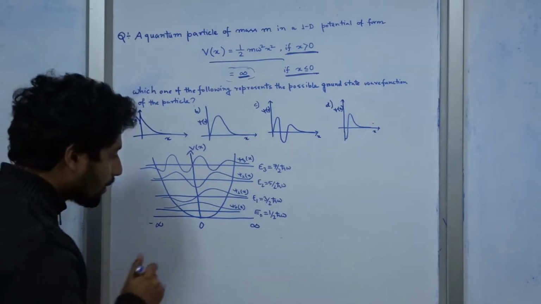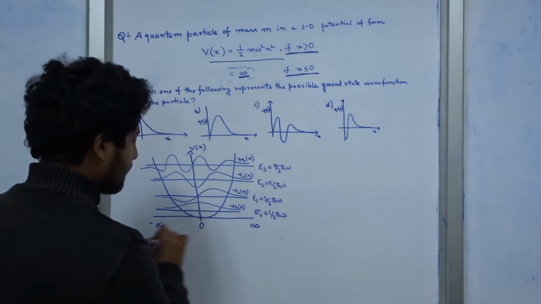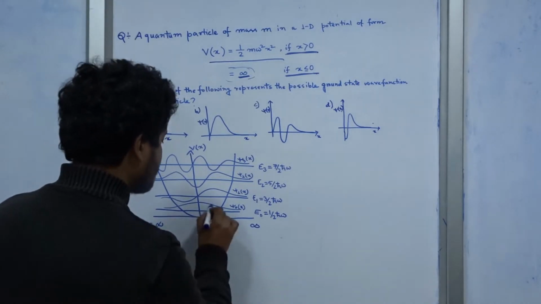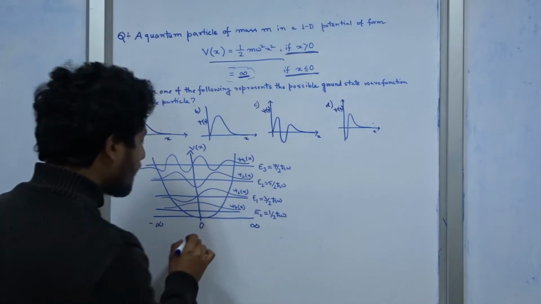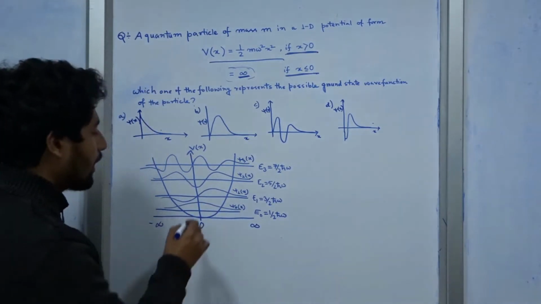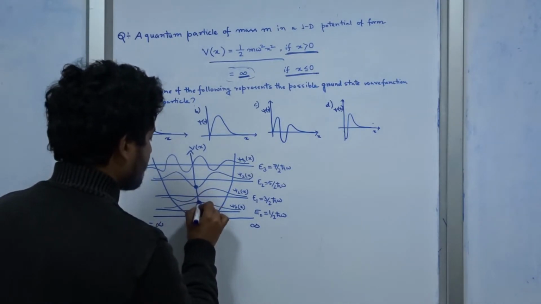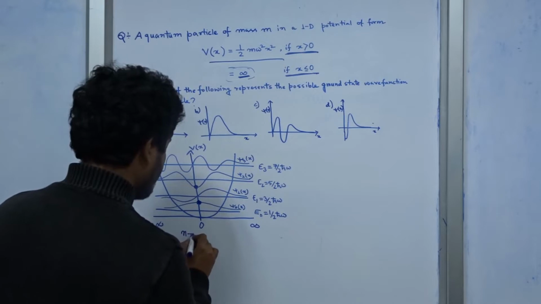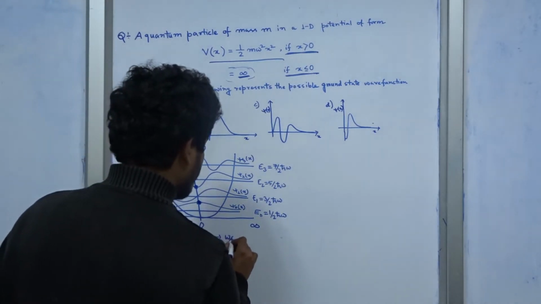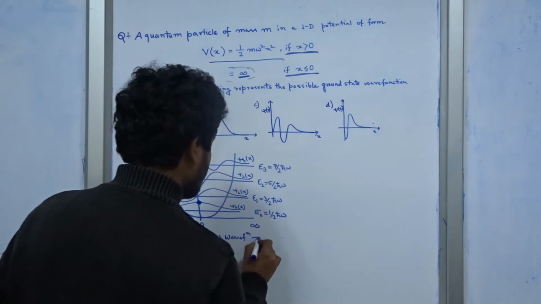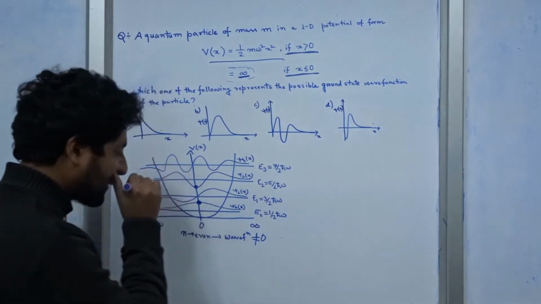Now, one key point here is that when n is even, 0 and 2, the wave function has a certain value at the center. As you can see, for n even, the wave function is not going to 0. That's the point.